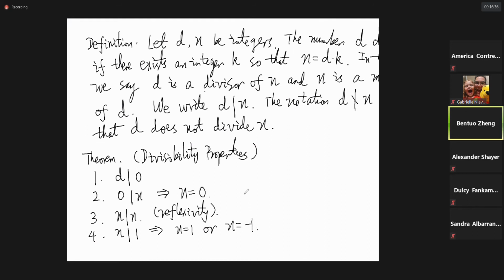In other words, the special number 1 has only 2 divisors, 1 and -1.